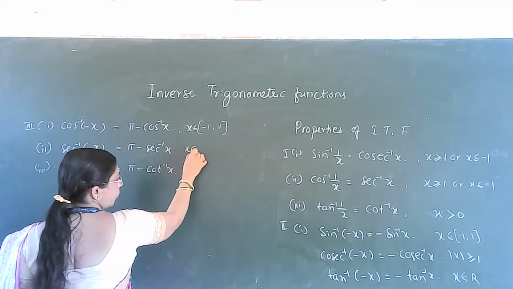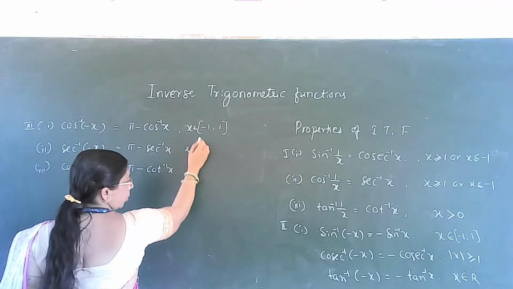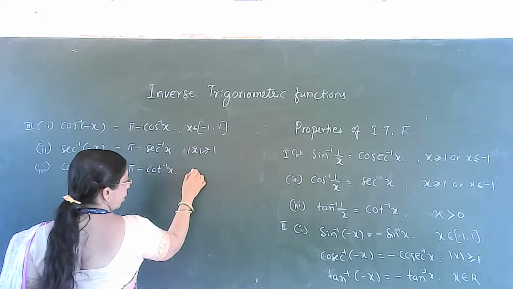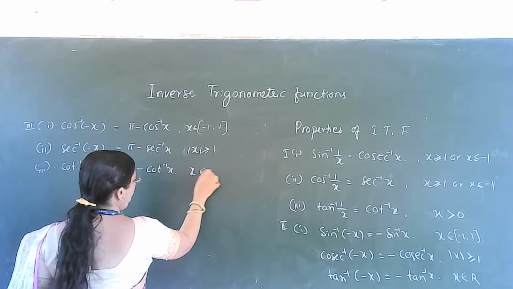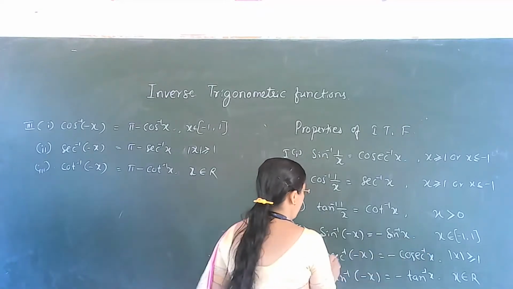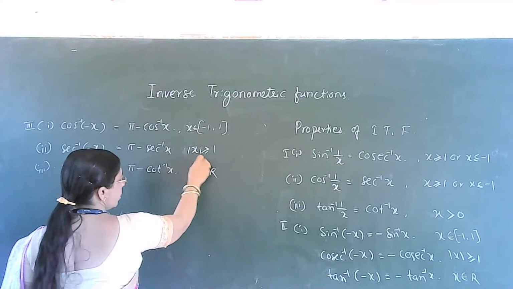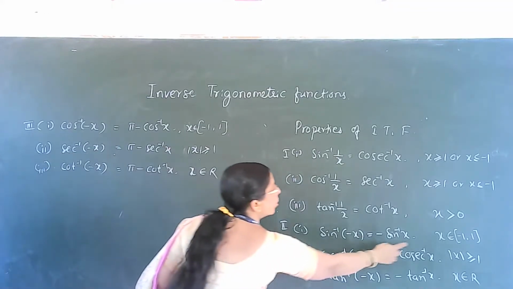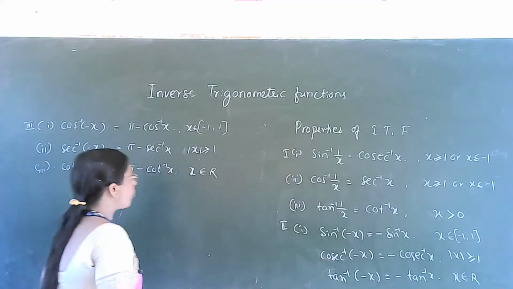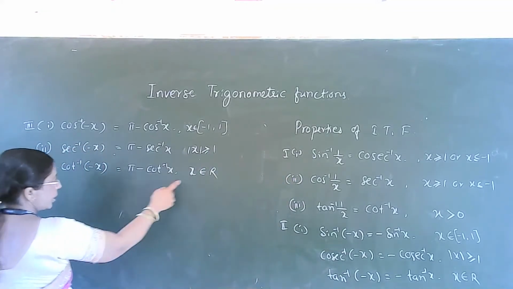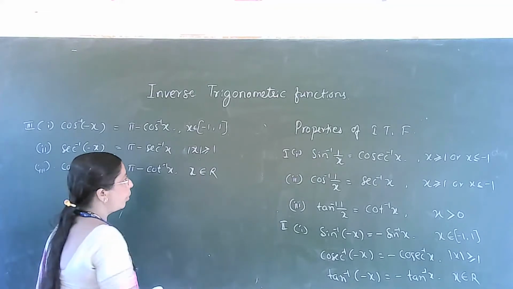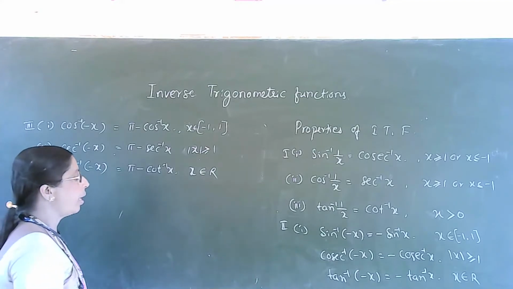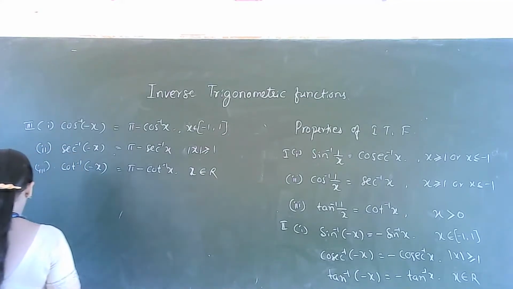For cosec and sec, mod x is greater than or equal to 1. For cot, x belongs to R. You remember two pairs: sin inverse and cos inverse, cosec inverse and sec inverse, and tan inverse and cot inverse.